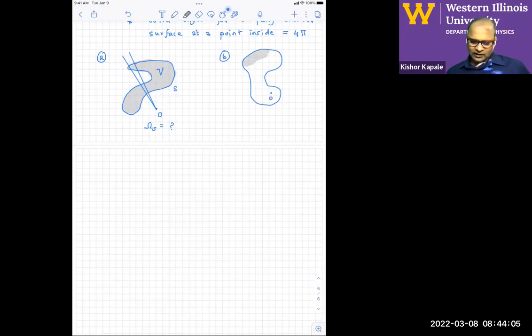Think about A while I draw the picture for B. It's a completely enclosed surface, right? In the first case, you're outside of it. In the second case, you are inside of it. So in the diagram I'm drawing here, you are inside of that volume.